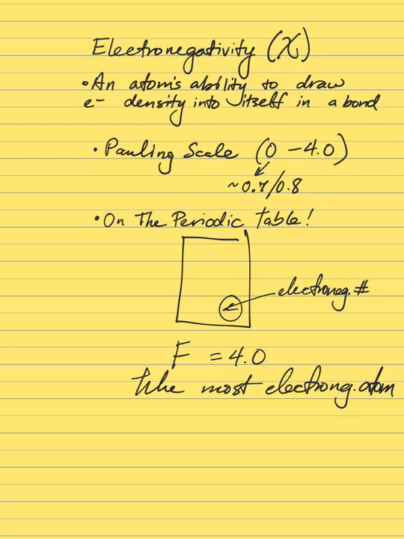Oxygen, which is right next door, has an electronegativity of 3.5, which is the second highest. Chlorine's is high, but not quite that high.